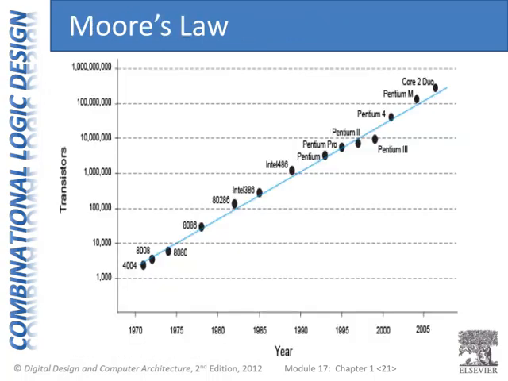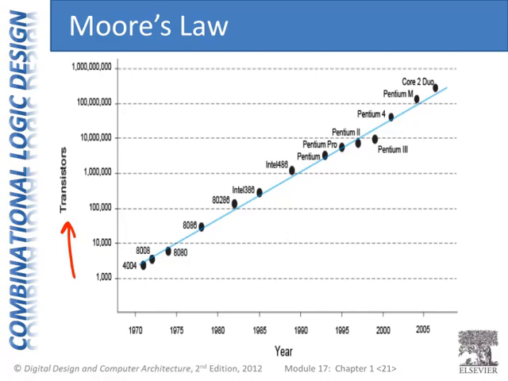So here's an example of how Moore's Law has worked. Well, we start with 1970, where the first commercial Intel processor was announced, the 4004. You'll notice that this y-axis is logarithmic.